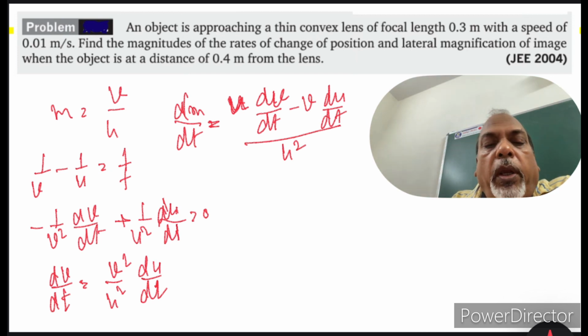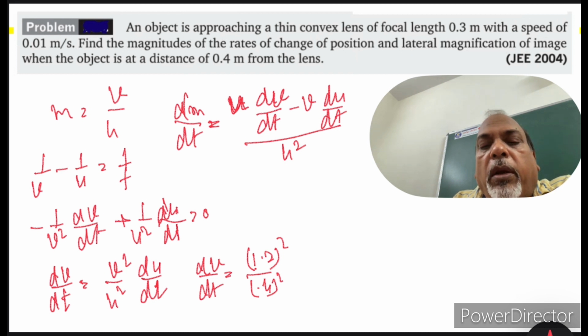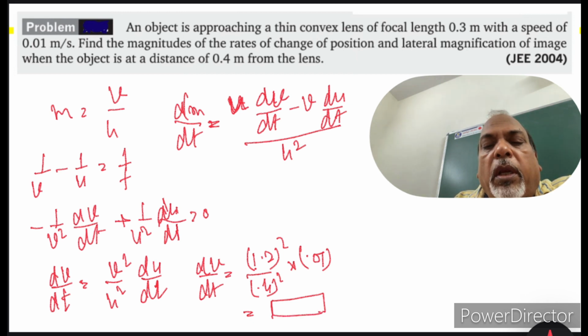Now, if we put the values here, v we know is 1.2 square, u we know is 0.4 square, and du by dt we also know is 0.01. So that way we can find this out. You can calculate this, and this will be your answer for dv by dt.